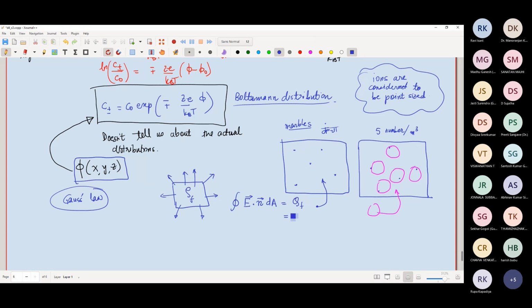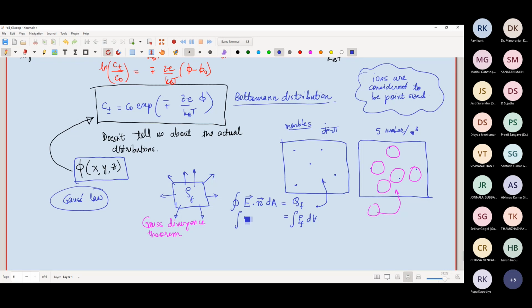Now let me represent these free charges in terms of a volume integral. So it will be the charge density times dV. This is valid. Now I will make use of the Gauss divergence theorem to convert this area integral into a volume integral.